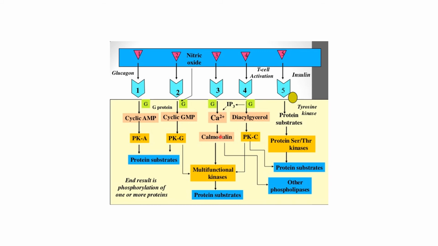Then calcium calmodulin, which was discussed, and then diacylglycerol, which can also activate protein kinase C, and IP3 activating with the help of calcium calmodulin. And the last, insulin, which acts with the help of tyrosine kinase, and protein serine threonine kinase is also activated by the help of proteins activated by tyrosine kinase.